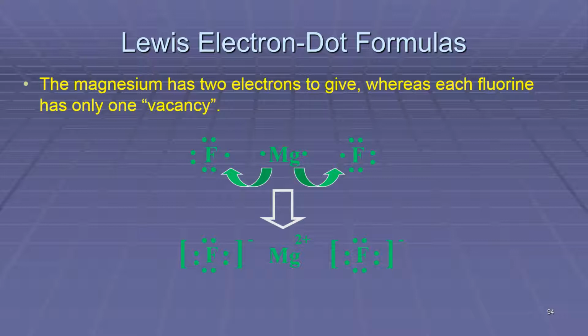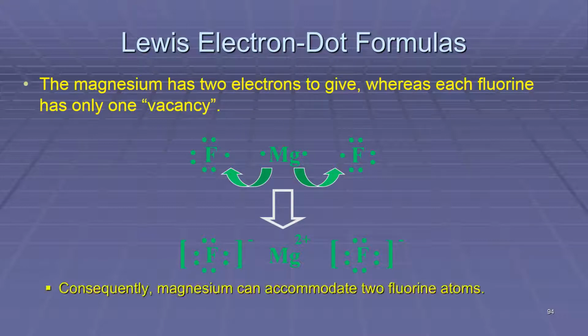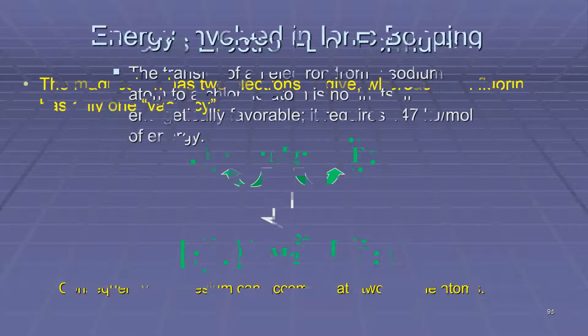So that's why the formula is MgF2, which hopefully you already knew from chapter 4 when we had to do it without explaining why it happened, but now you can see what's happening a little more, particularly in figures. Okay, so magnesium will form MgF2 because 1 electron is given to each of the fluorines.